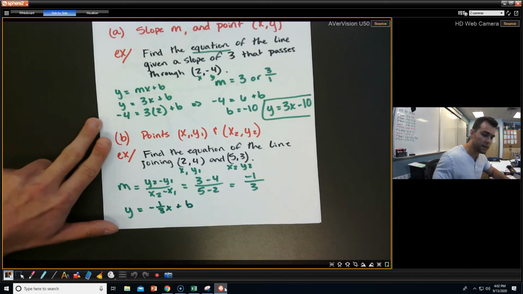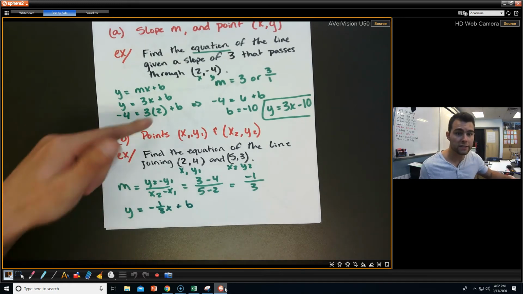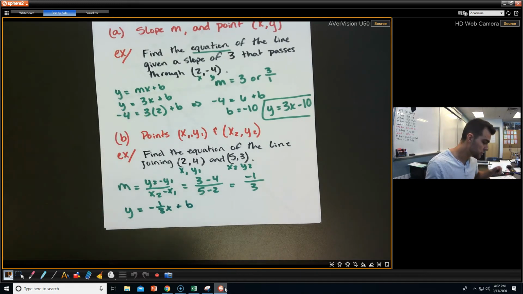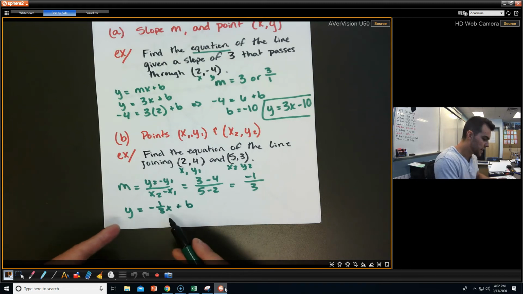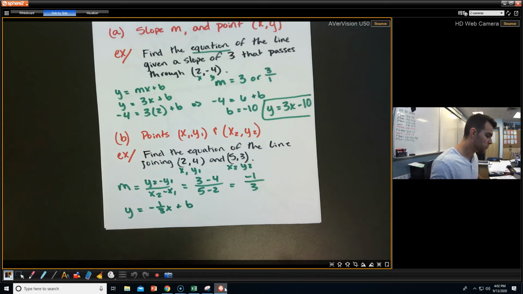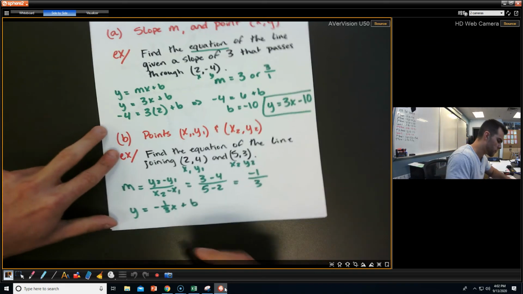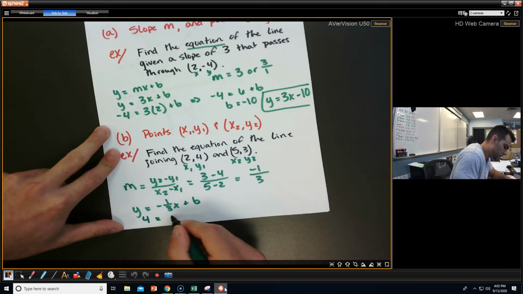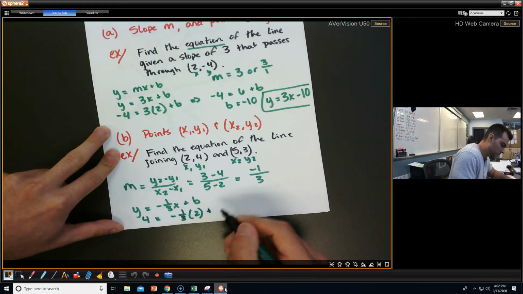So my equation so far is this right here. And look, we're back to square one. All I got to do again is plug in an x and y. Which one? It does not matter. We're going to pick 2 and 4. 4 equals negative 1/3 times 2 plus b.